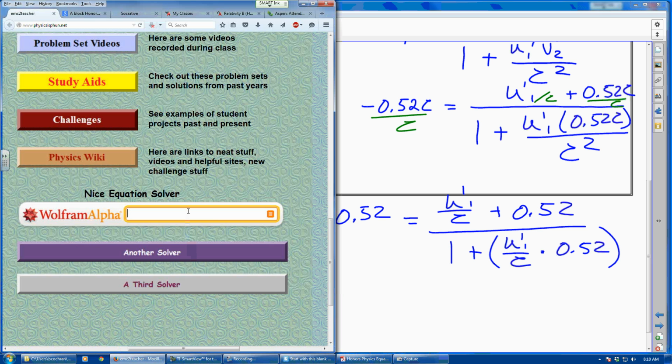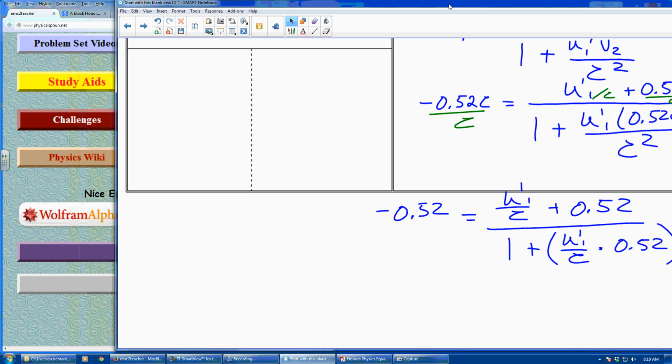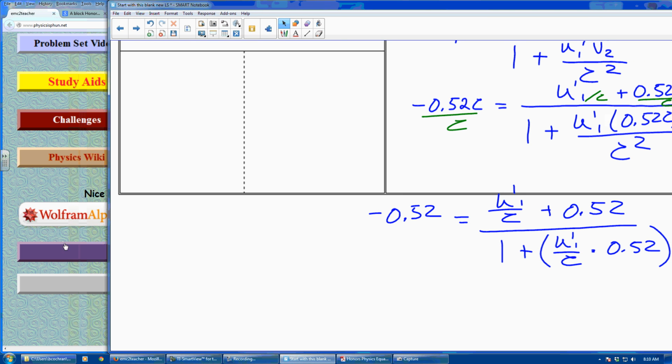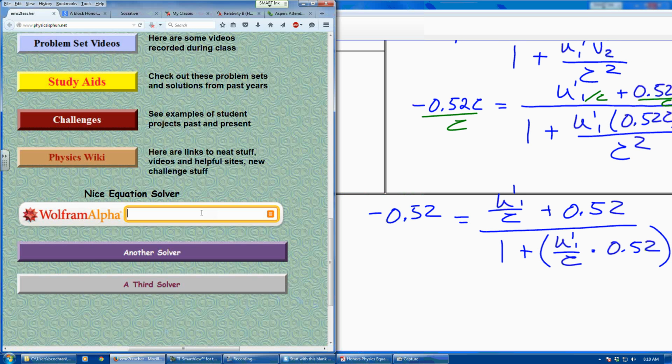Now, I'm going to put in negative 0.52 equals Q plus 0.52 divided by, oh, and I'm going to put parentheses around that top part so it does it correctly.